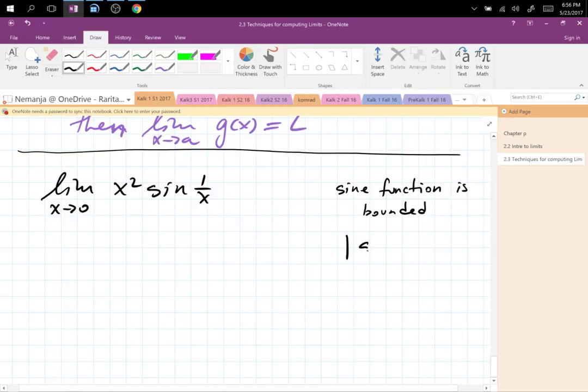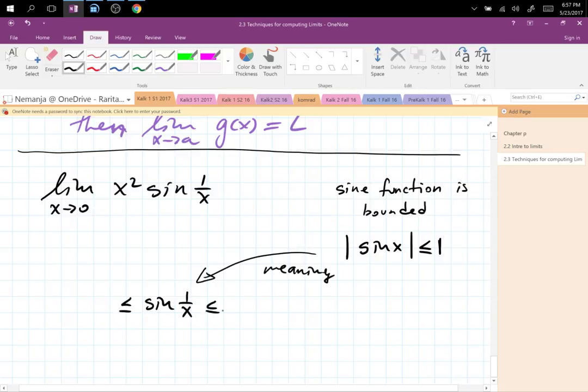We write that as absolute value of sine x is less than or equal to 1. Meaning that sine of 1 over x is sandwiched between -1 and 1.